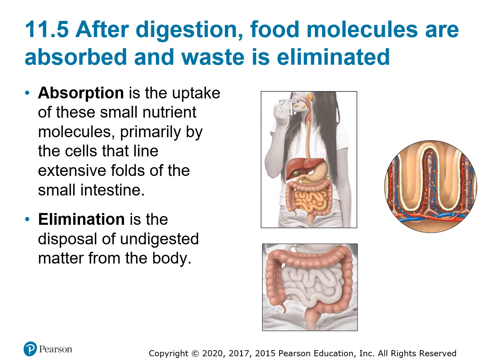So after digestion, food molecules are absorbed and waste is eliminated. So the absorption, once everything is broken down, the absorption is the uptake of these small nutrient molecules, primarily by cells that line the folds in the small intestine.